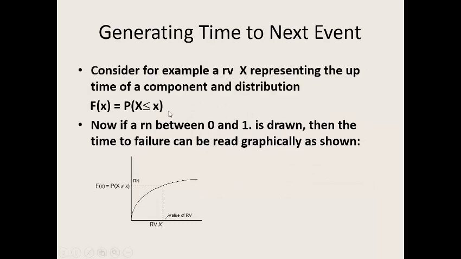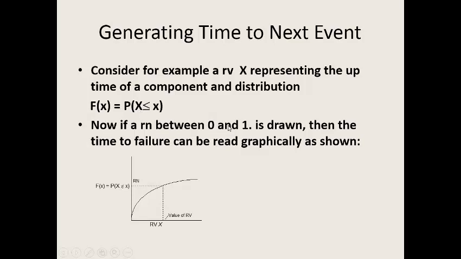This is similar to what we have done for the discrete state components. We basically have the cumulative probability distribution, where this is the probability of the random variable X being equal to or less than x, where x could be the uptime or the downtime.